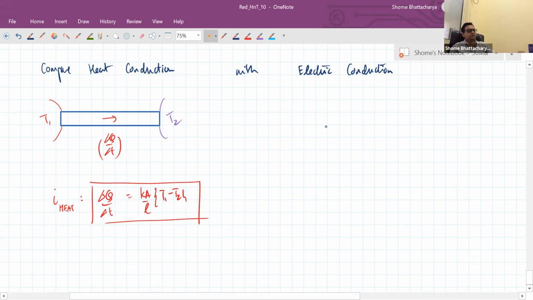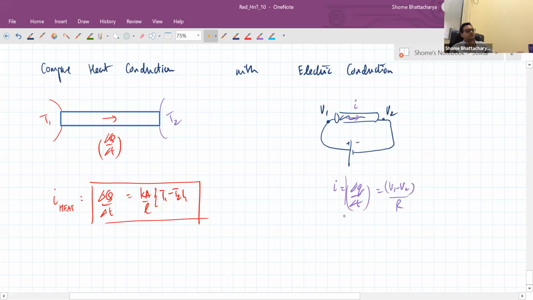And like that, when we have an electrical conductor which we subject to a potential difference, so this point is at potential V1, this point is at potential V2, then there is electric current, which is delta small q by delta T, rate of flow of charge. That is potential difference divided by electrical resistance.